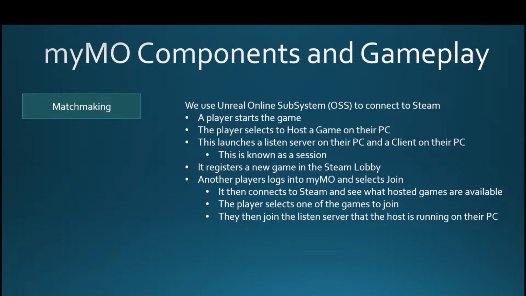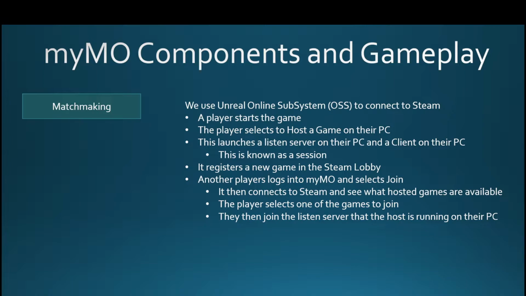And basically that is a Steam lobby. So it says, hey, there's a new game made called Music Oasis Dance, and here's where it is. And if a person goes out there to discover what games there are, a person will log into myMO, and they'll say, I don't want to host a game, I want to join a game. And it goes out to these lobby areas and asks what games are available. Whoever has hosted a game will show up on a list of games that are currently running, basically servers that are up and running.